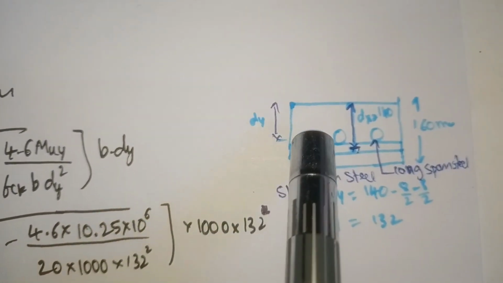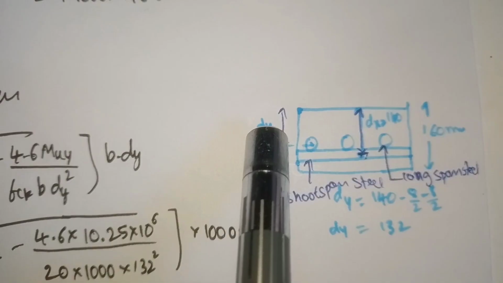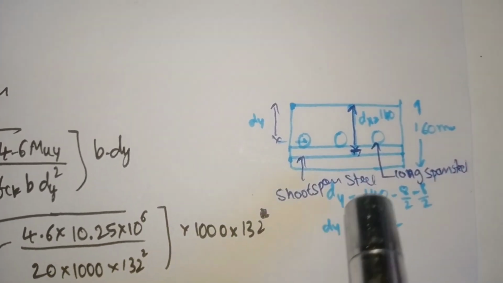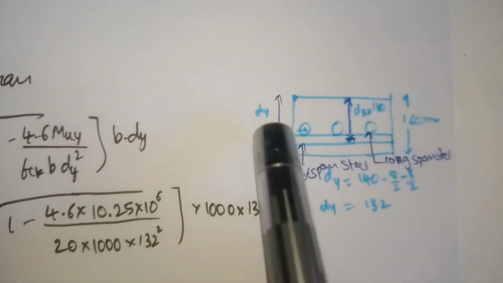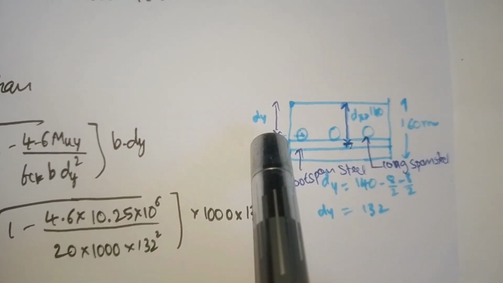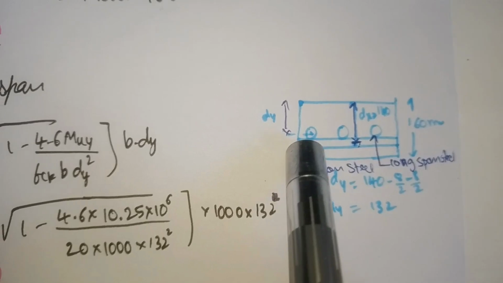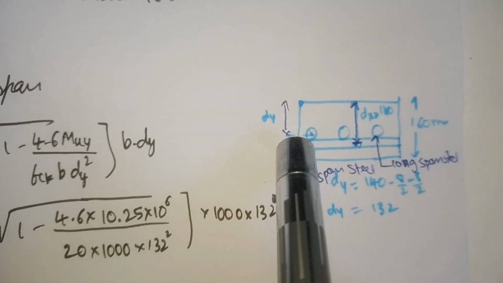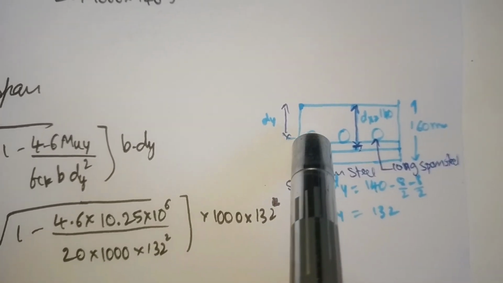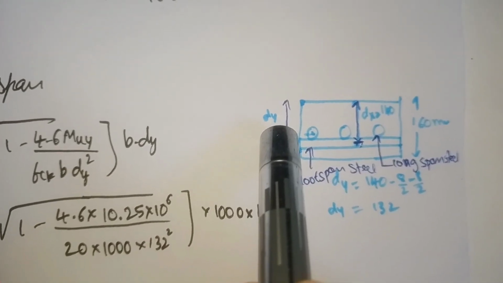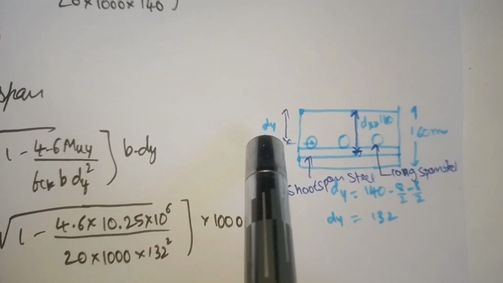From here to here, center of this bar, is our dy value. So our effective depth value for longer span is here, center to center distance from this particular bar to here is our effective depth of longer span, that is denoted as dy.